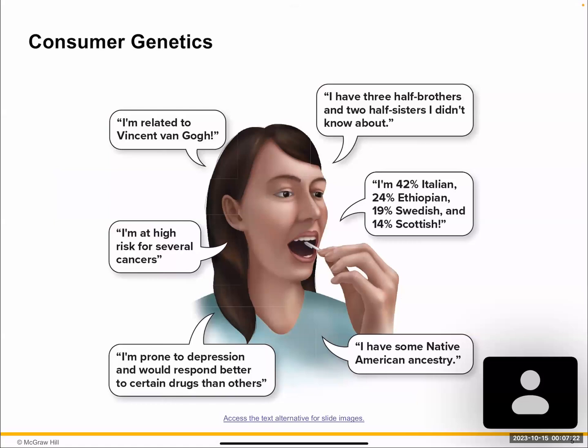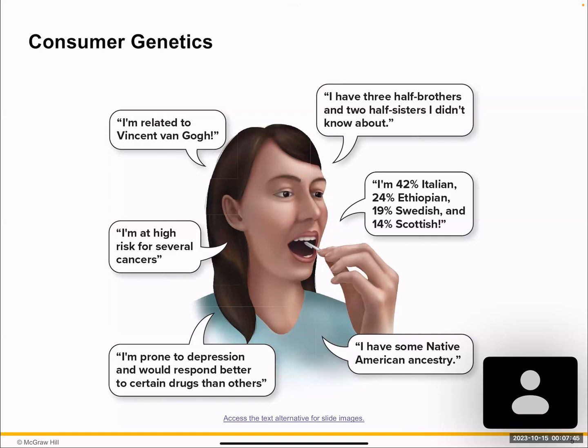Now, here is a common thing that has become popular in the past few years. It's called consumer genetics. The most common consumer genetics that you see is these types of genetic testing, where it tells you information about you as a person.